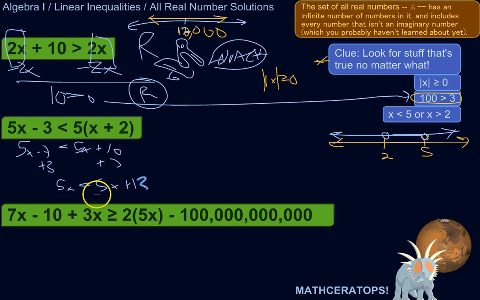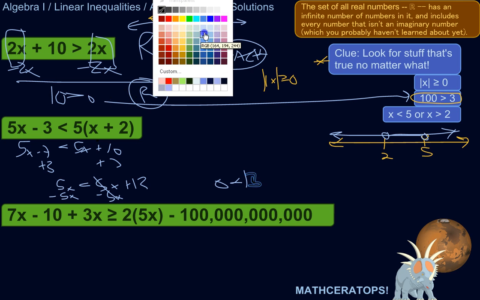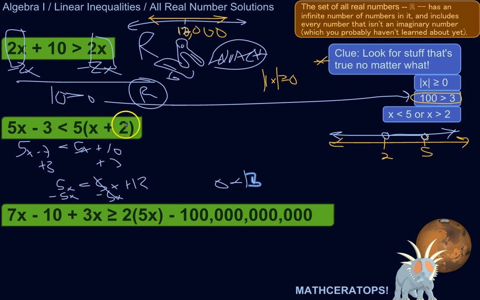It seems like you could plug any number in and that'd be true, but just to make it that much clearer, I'm going to subtract this 5x to get the x's together. 5x minus 5x is 0, and 5x minus 5x is 0 again, so I've got 0 is less than 13. Whoa, so that's true no matter what. So the solution set to this inequality is all real numbers.